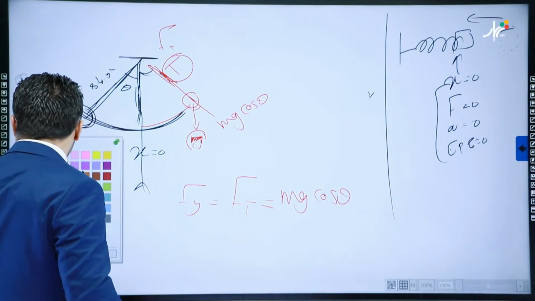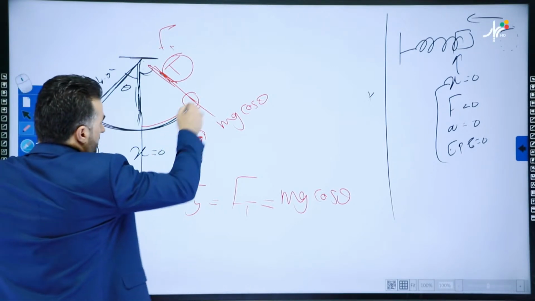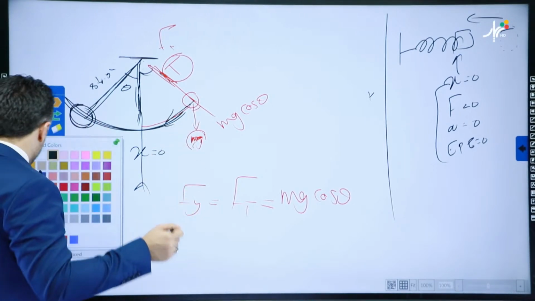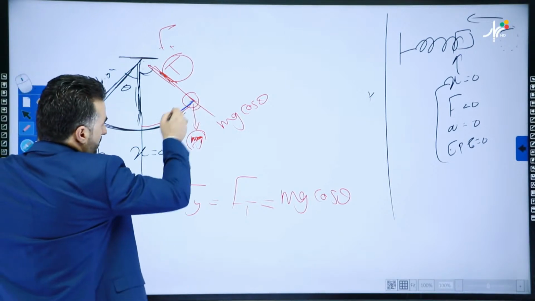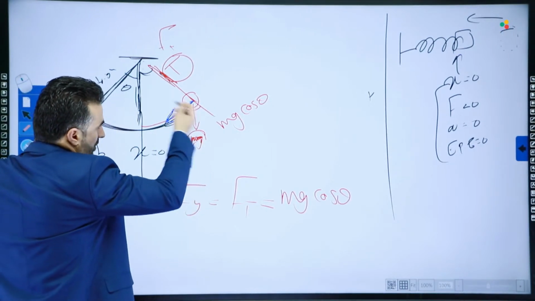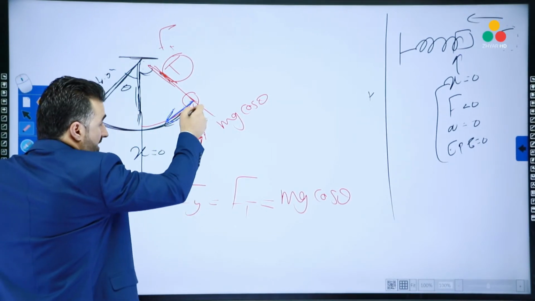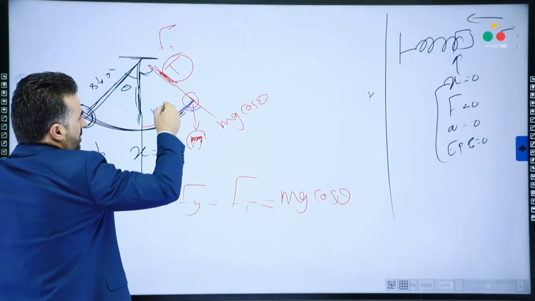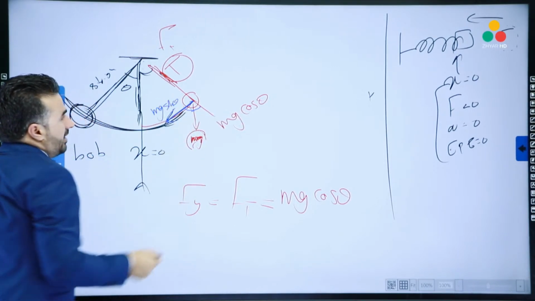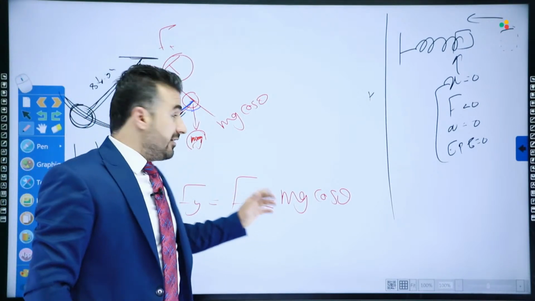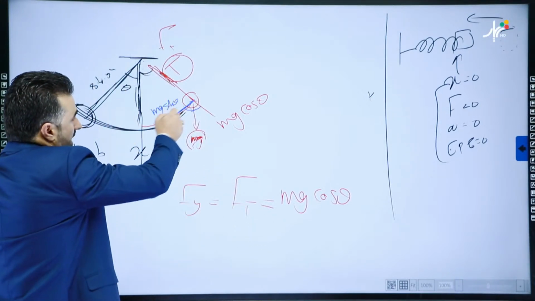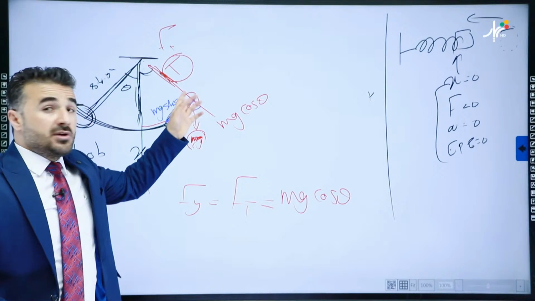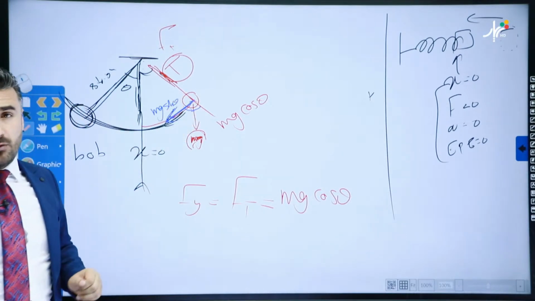And of course, we have another component, which is going to be this component right here. Let me use a different color. If that is the angle, and this side is mg cosine theta, the other side is going to be mg sine theta. So this mg sine theta is the x component, and it is what brings this mass back to the equilibrium position.